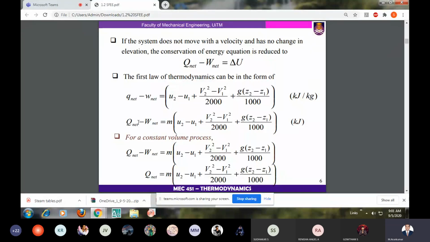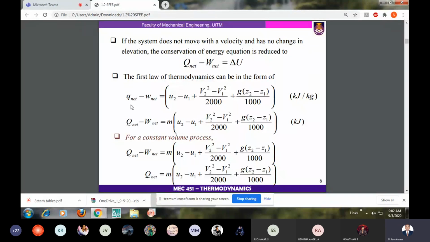So capital Q in the sense heat transfer, then W in the sense work transfer, then small q and small w. If each term is written in capital letters, that will be a quantity or the property of the system. If the same letter is denoted in small letters, that will be a specific quantity. So if V is denoted in capital letter, that will be volume.